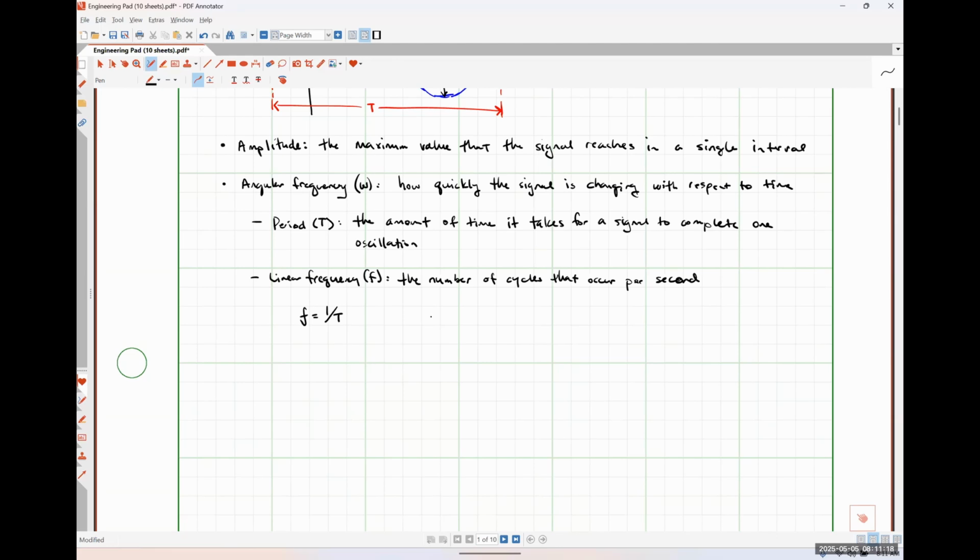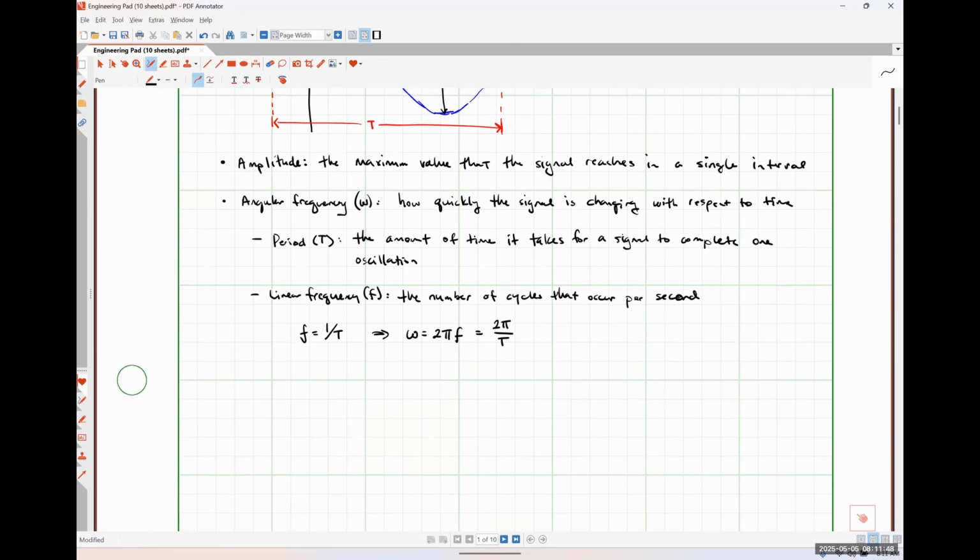So we could say that our angular frequency omega is equal to 2 pi times our linear frequency f, which is the same thing as 2 pi divided by our period, capital T. So if we can tell what our period is, we can get either linear frequency or angular frequency.